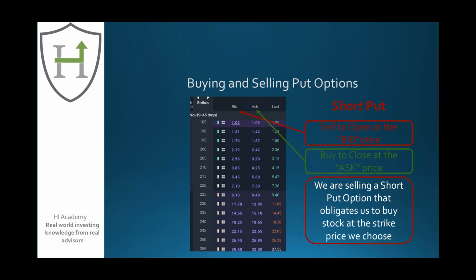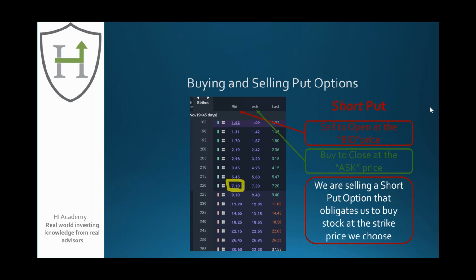As we're talking about Apple, I may sell something at like 220. I'd say, hey, I'm willing to buy Apple at 220 when it's trading at 225, right? I want to buy it cheaper. If I was to choose that price, someone would pay me $7.10. Pretty neat.